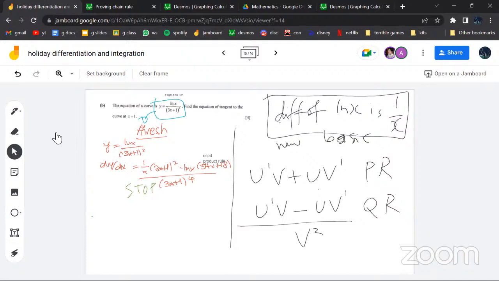Right. What's the differentiation of X squared? Kyoko, what's the differentiation of X squared?